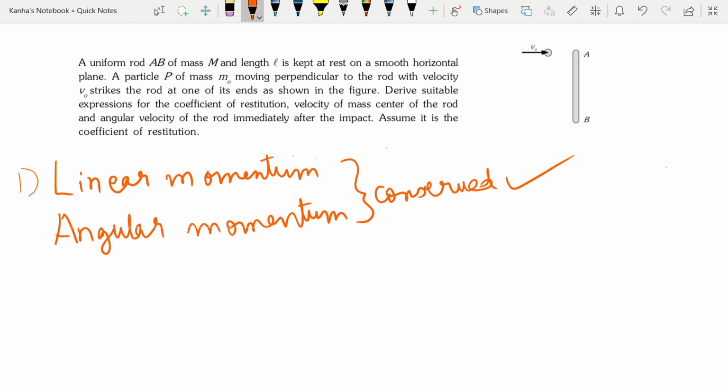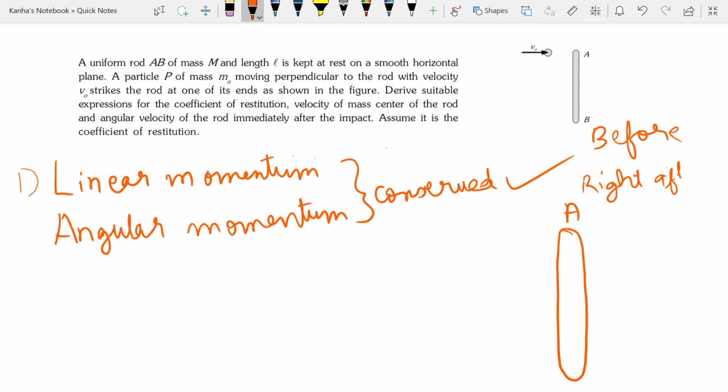Okay, so I can draw this diagram again. Let the velocity of the particle, the angular velocity of the rod and the velocity of the center of mass of the rod immediately after the impact be given. Let me just call this the before-collision case, and this right after collision.